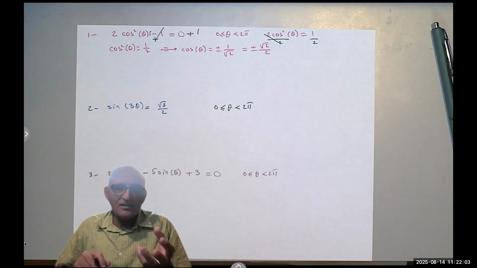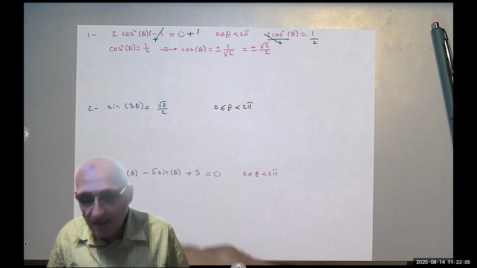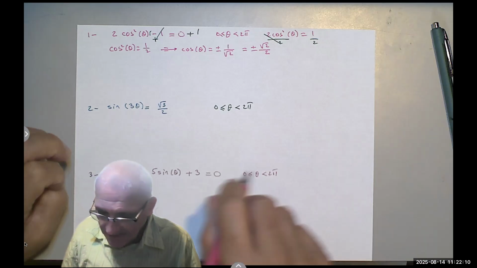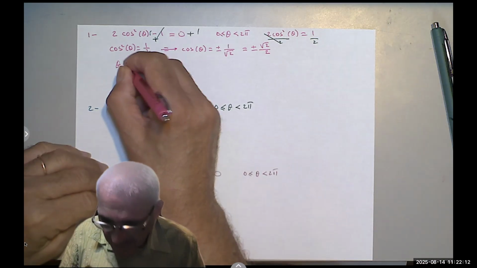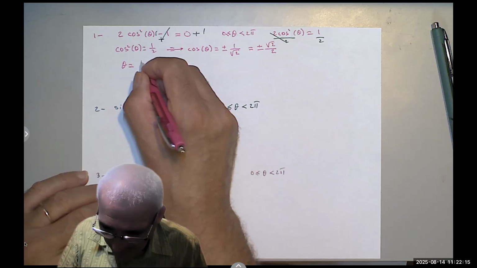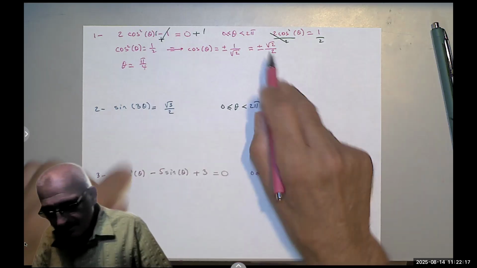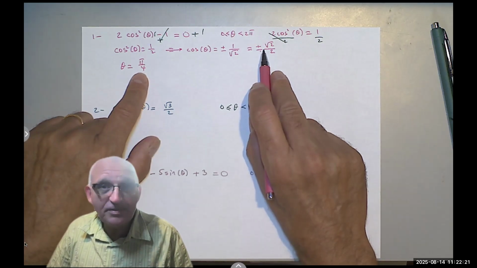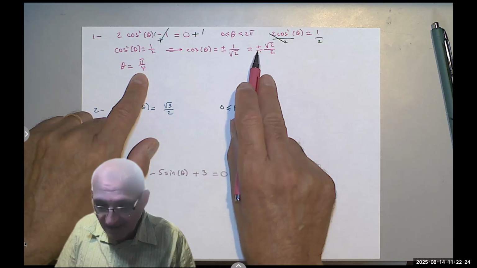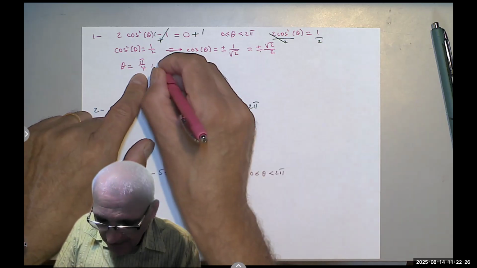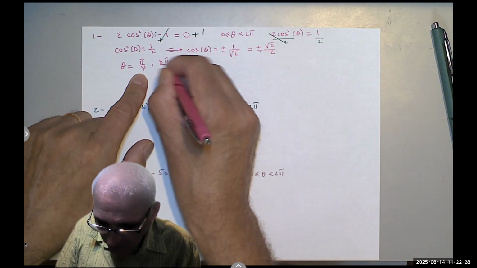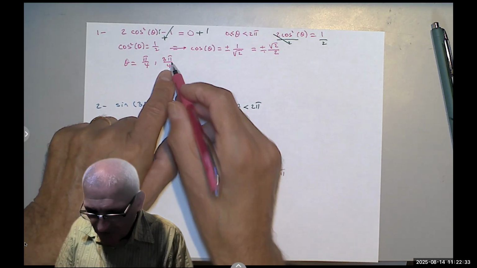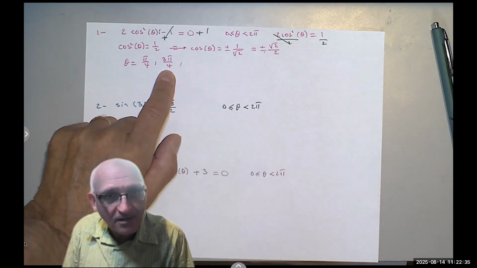But we usually report the answer in radians, okay? So theta here would be either pi over 4 because it's positive, but if I'm in the second quadrant, it would be negative, right? And I have negative. So it may be 3 pi over 4. And then you say, oh, but if it's negative in the second, it's also negative in the third, right?